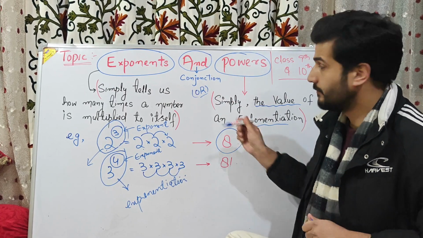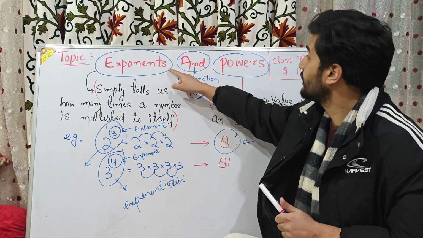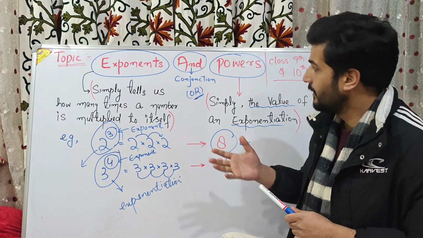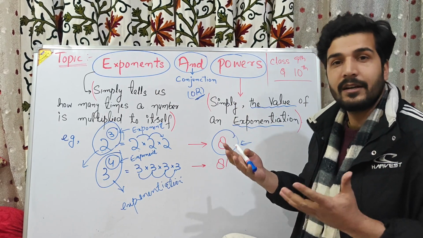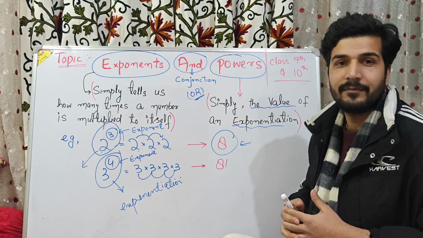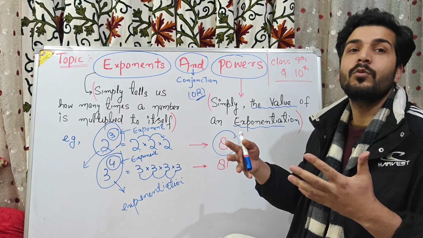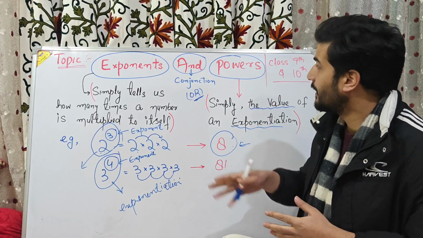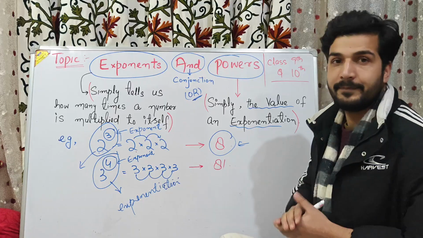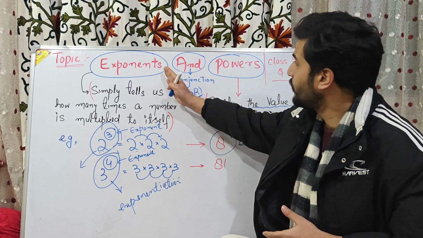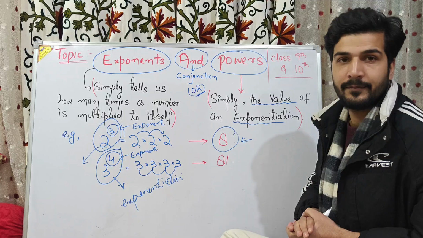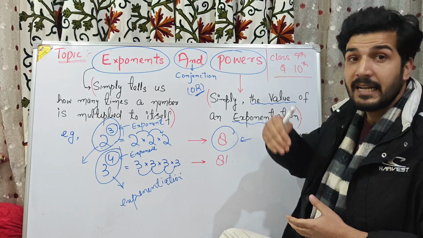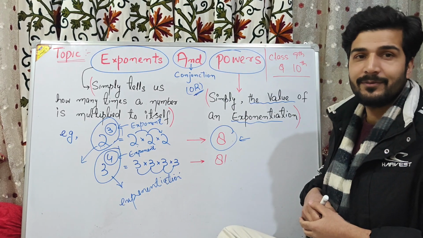If there were 'or', exponents or powers, then we could believe that exponents and powers are not two different things, that they are the same. But these are totally poles apart. Exponent is different and power is different. Exponent simply tells how many times a number is multiplied, whereas power tells us the value of exponentiation.